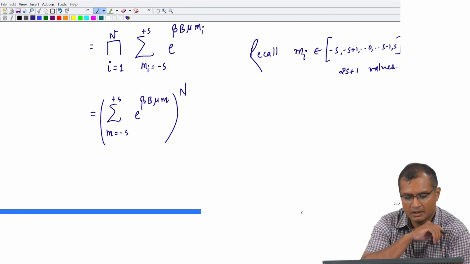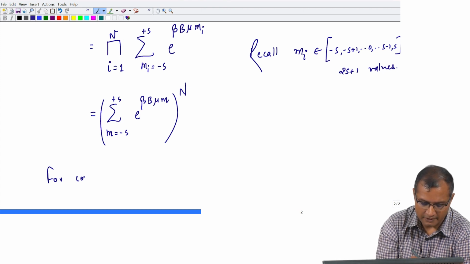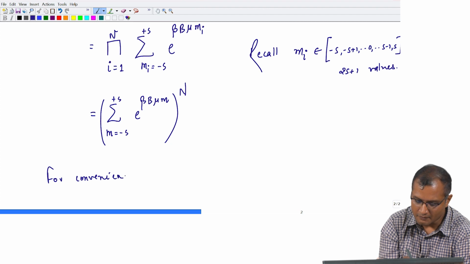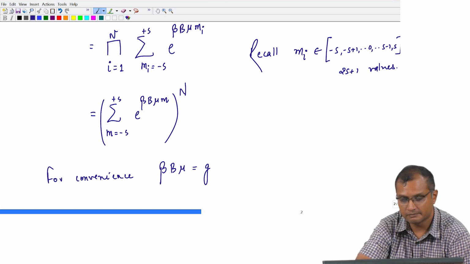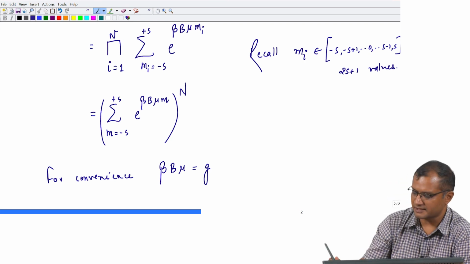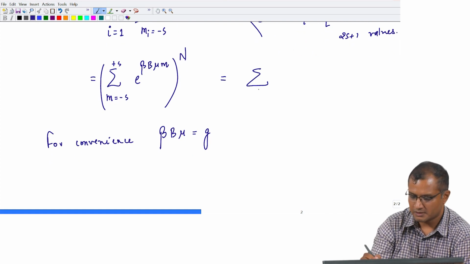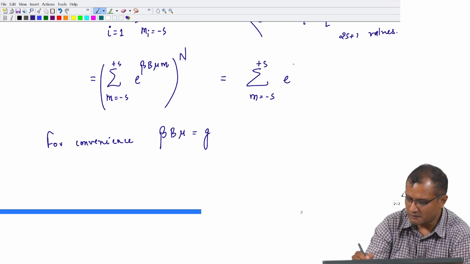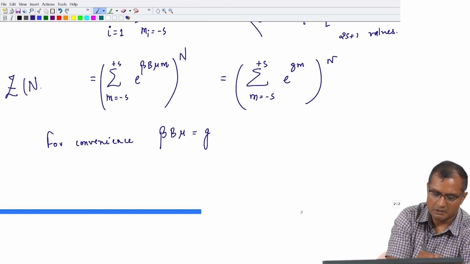For the sake of convenience, I can take the factor beta b mu as some g, because I do not want to write 3 symbols every time. So, this is nothing but summation m going from minus s to plus s of e to the power g m, the whole thing raised to n. This is my partition function that I am going to compute.